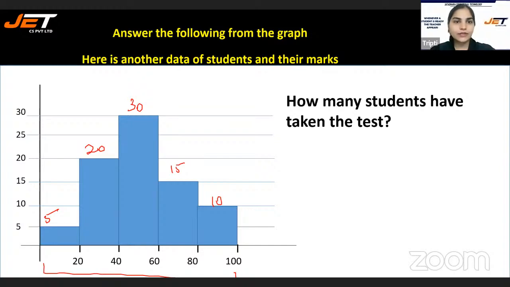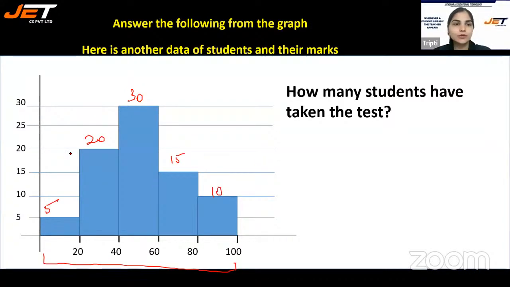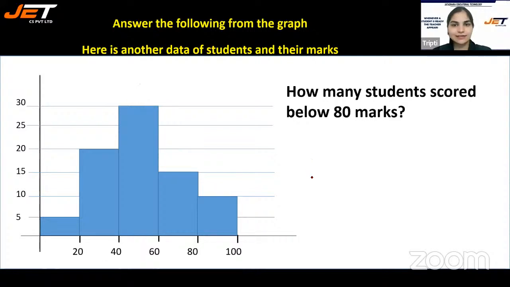Okay, so here it is. 20 plus 5, 25, plus 30 is 55, then 70 plus 10 is 80.